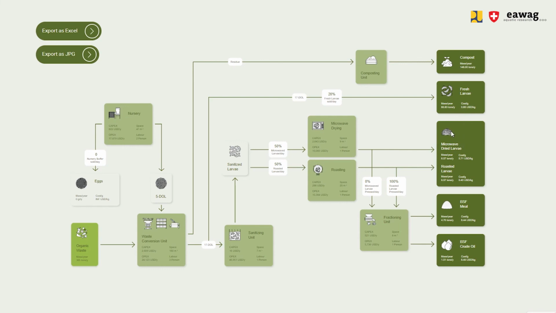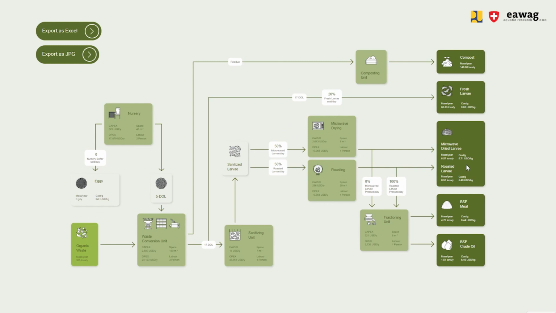Then we go to the dried larvae. As mentioned, there are two options that we covered: microwave dried larvae and roasted larvae. We said that for both we would have a 50-50 option, which you can see back here. This is the amount that you chose.